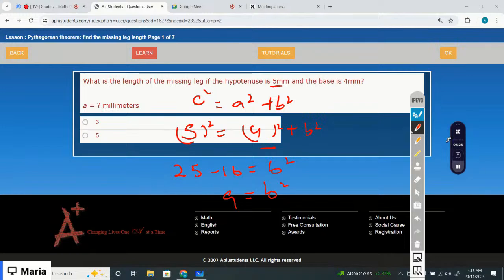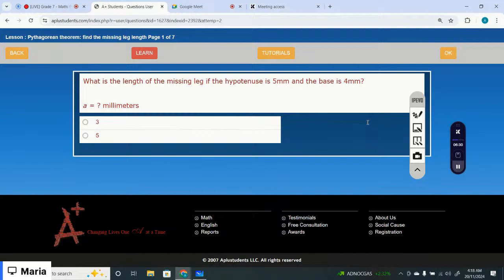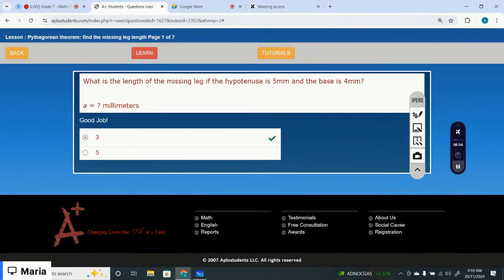Option number 1 is the correct option. Very good.